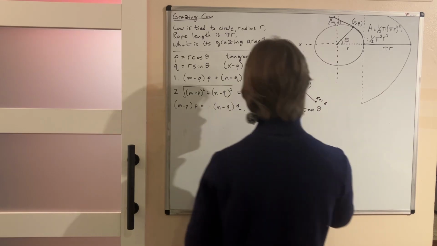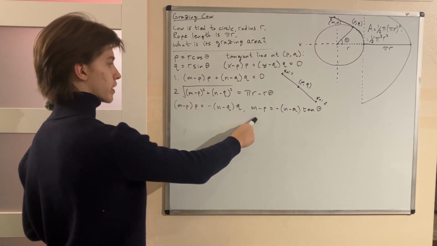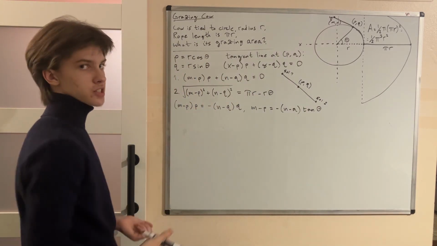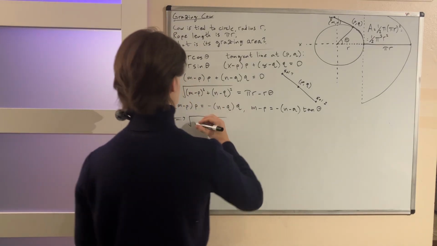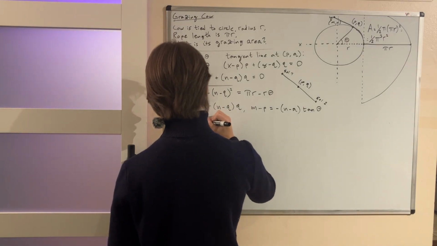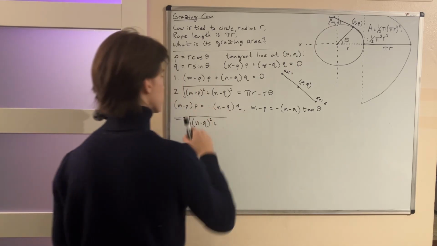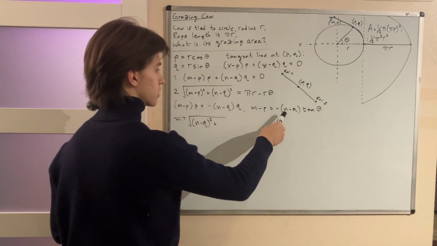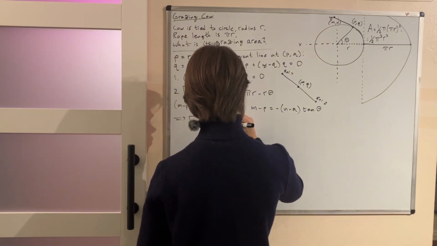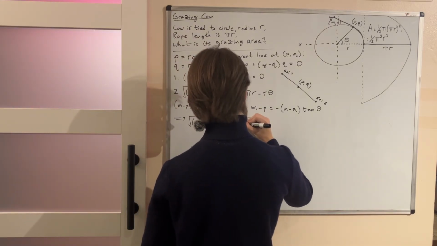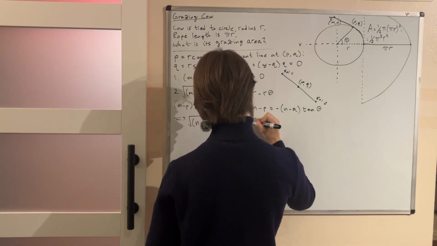So this is what m - p is equal to, and we can substitute this value of m - p into this square root. And notice what we get. Square root of (n - q) squared plus (m - p) squared, which is equal to this whole thing squared. So (n - q) squared times the tangent of theta squared.